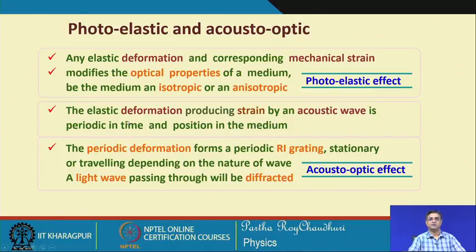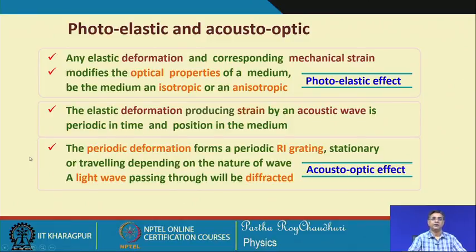Because of this periodic strain, there will be periodic changes in the permittivity of the medium, which will be manifested in periodic changes in the refractive indices, which will result in a periodic refractive index grating.